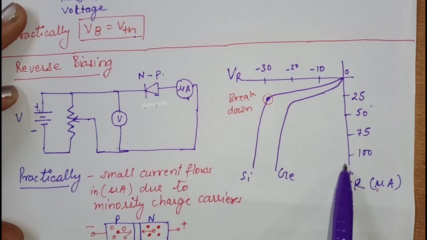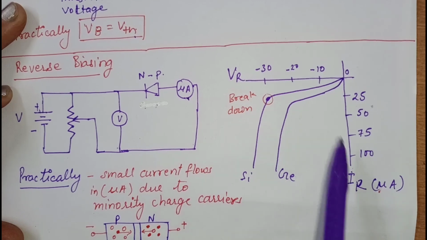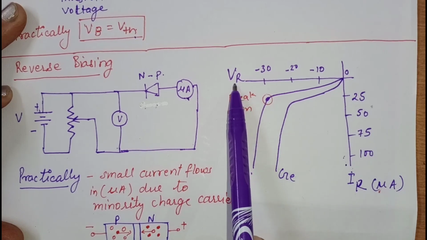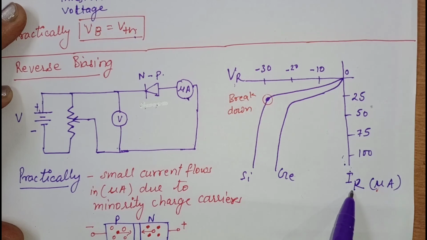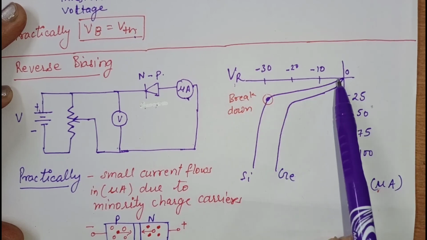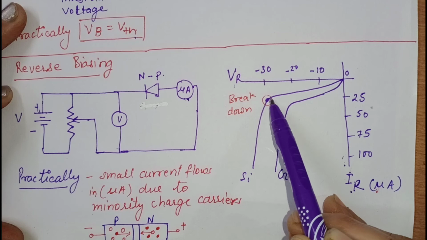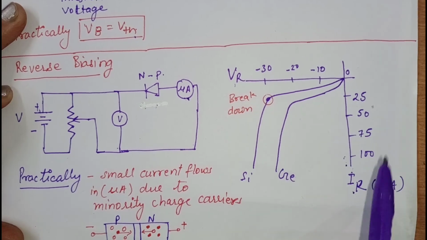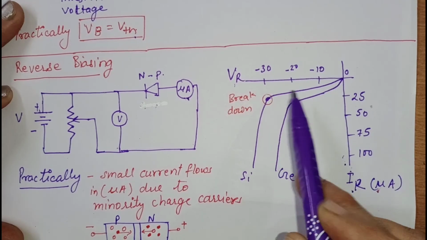This is the graph of volt ampere characteristics in reverse biasing. This is the reverse voltage that we are applying and this is the reverse current. Initially the current in this case is in microamperes and it is very small.